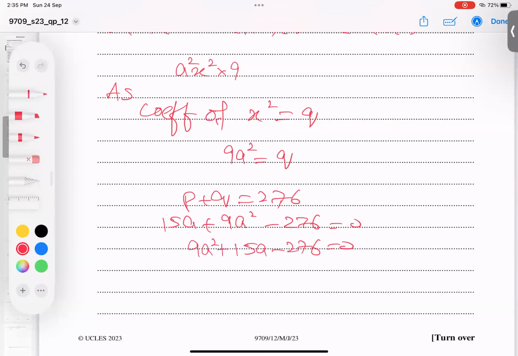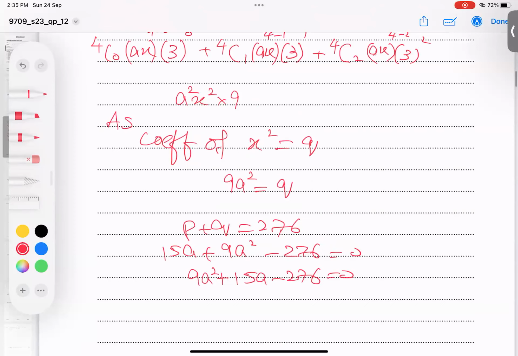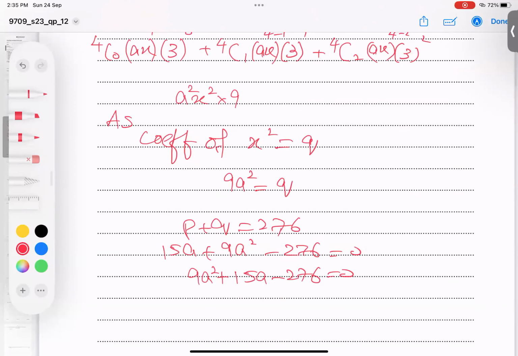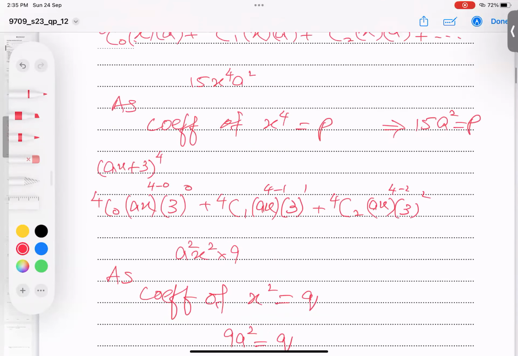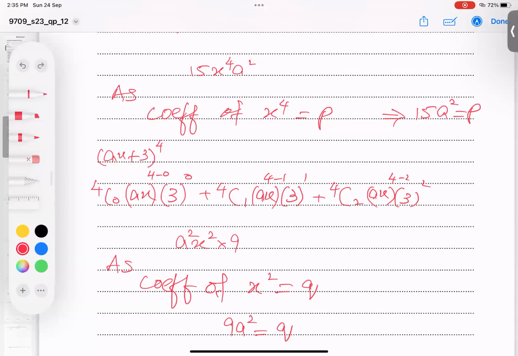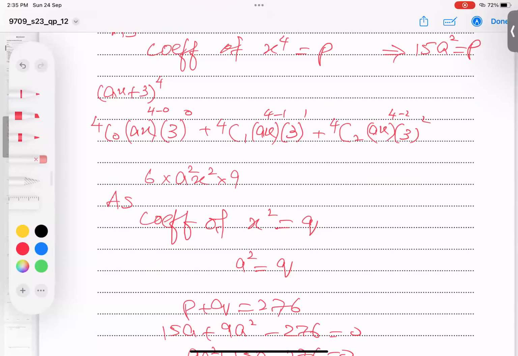Wait a minute, now I have to check, is it 276? Yes, it's correct. Okay, 276. And let me check here. Yeah, I missed one thing. 4c2 is missed, okay? And 4c2 is 6. So 6 nines are 54. This is a symbol.